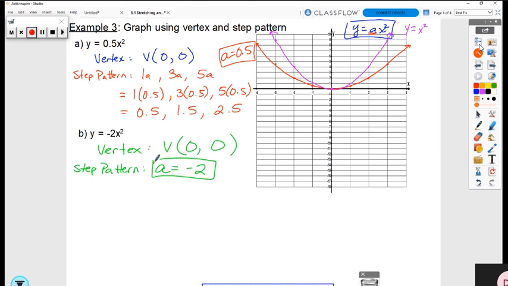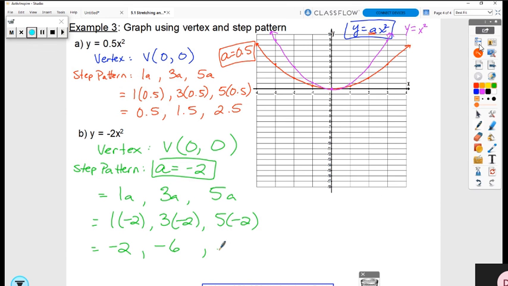That's good information to have. So we'll say 1a, 3a, 5a. 1 times -2, 3 times -2, 5 times -2. And this simplifies to -2, -6, and -10.